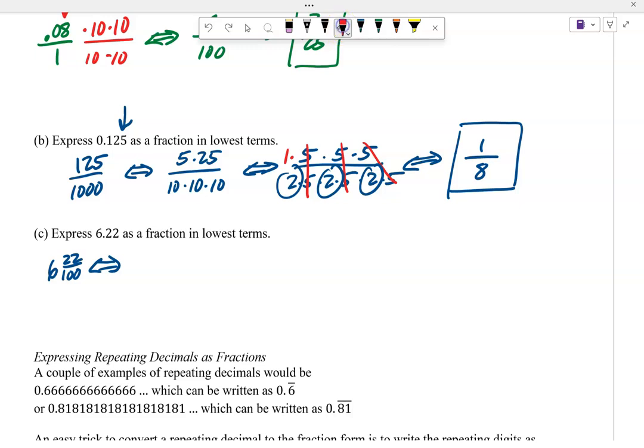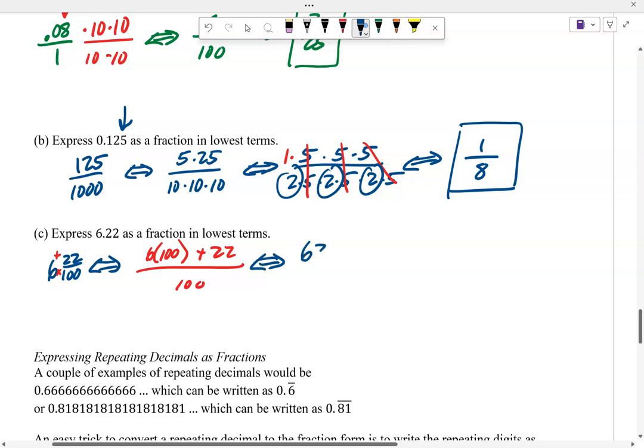So I'm going to go 6 times 100 plus the 22, and then this is all over that 100 on the bottom there. So I got 600 plus 22. I got 622 all over 100. And so then I'll just factor that.